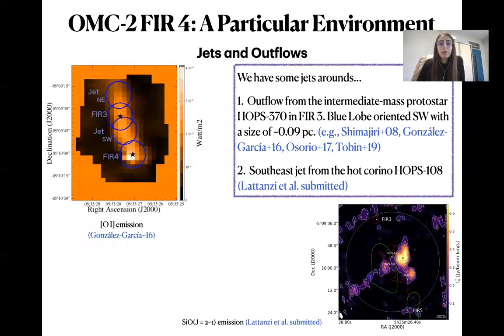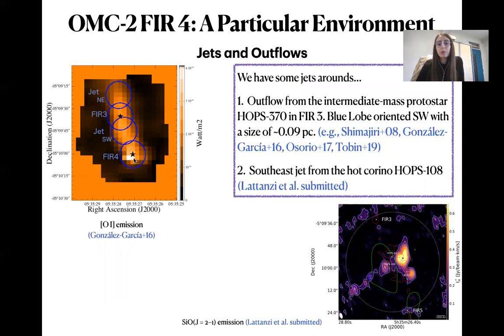Another particularity of the environment of FIR4 is the presence of jets and outflows. It's known that there is an outflow from the source HOPS 370 in FIR3. It's located to the north of FIR4, and it has an outflow that overlaps with FIR4, at least in projection.